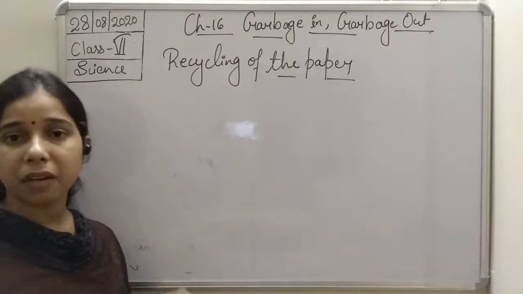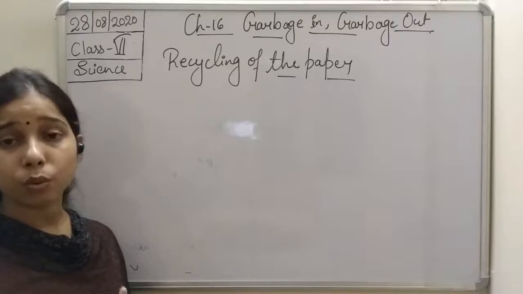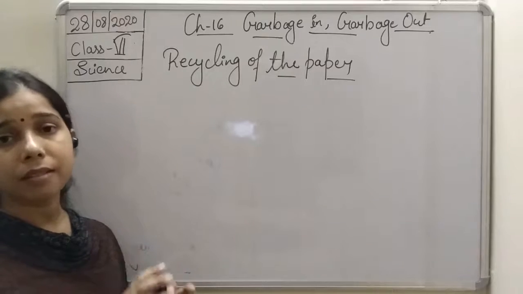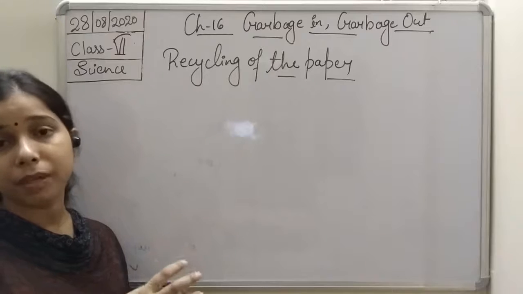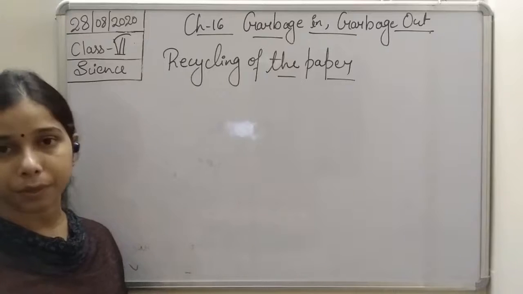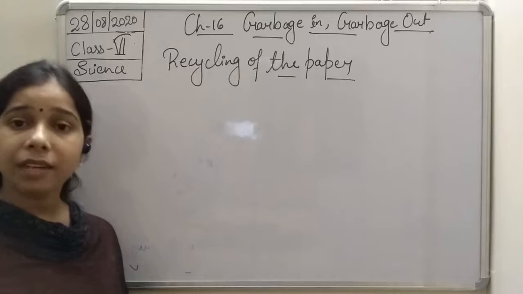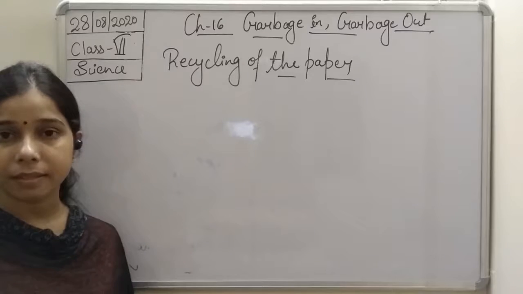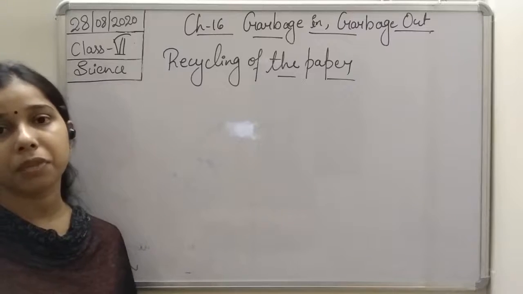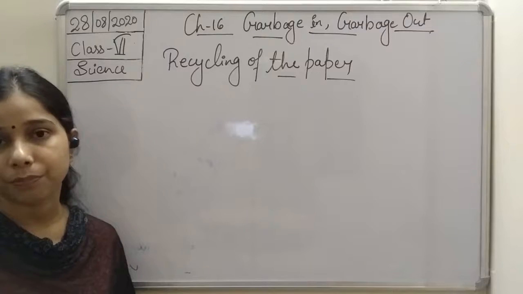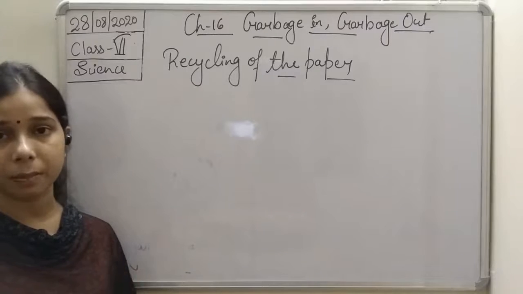Now keep it left undisturbed for 1 day so that the paper will get finally submerged in the water. Then we have to make the paper paste. So we will make the paste of the paper by pounding it. This is the first step.